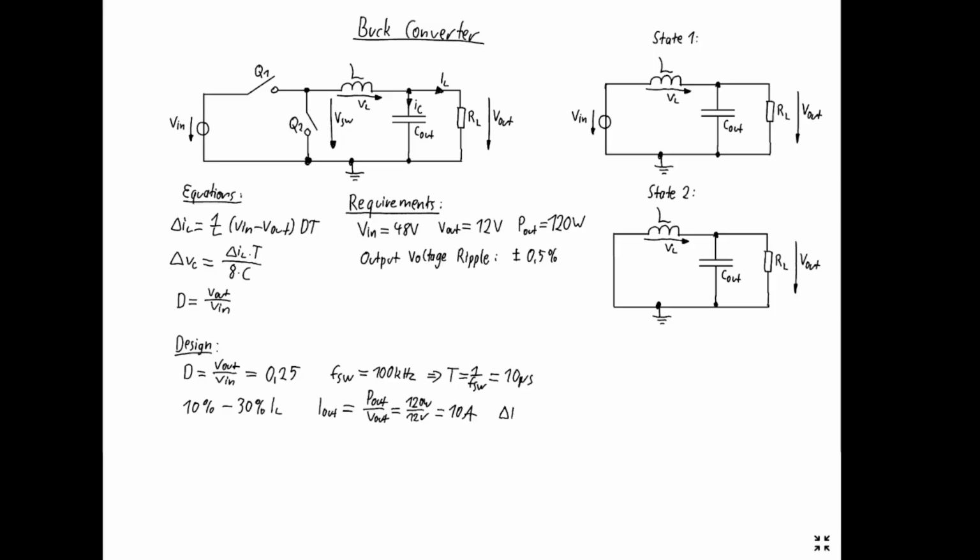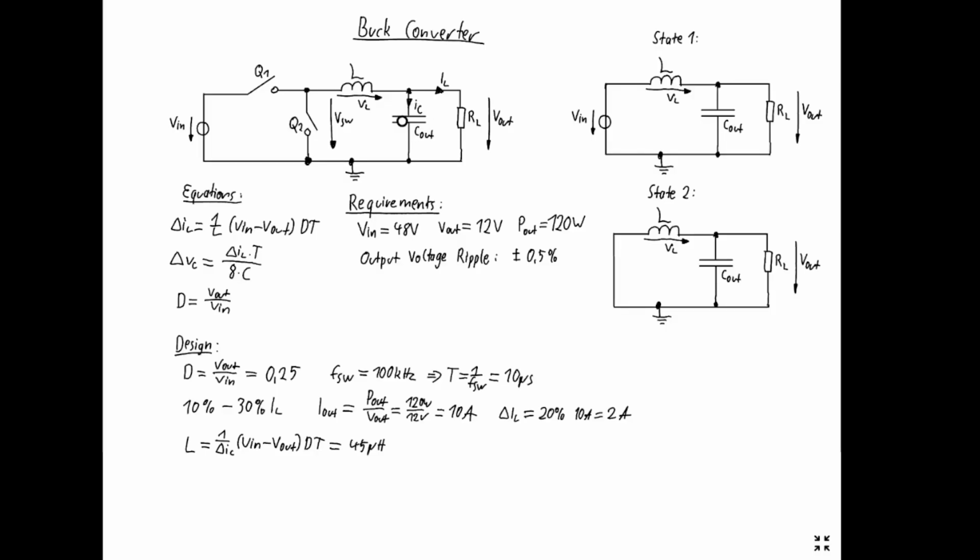So our current ripple should be around 20% of 10 amps, which is around 2 amps, which we use for the calculation. Now to calculate the inductor, I use this formula, solve it for L, and plug in the numbers, which gives us a value of 45 microhenry.